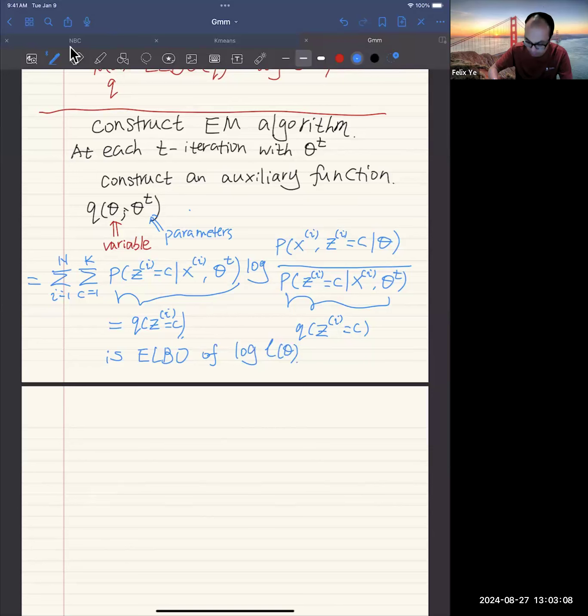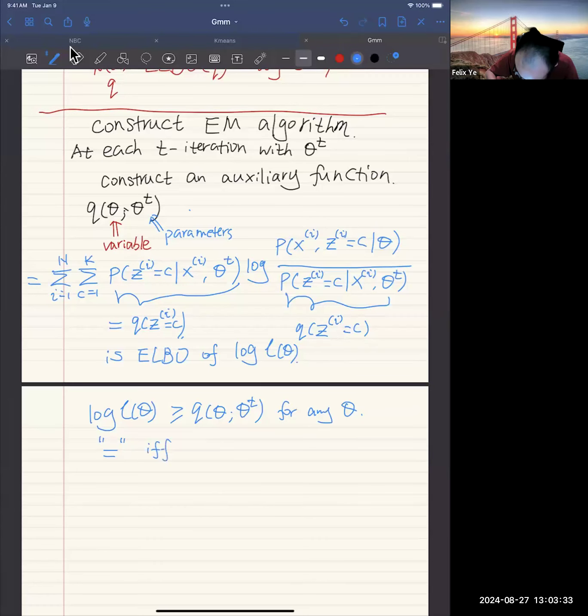So that means the log likelihood should be bigger or equal than Q of theta and theta t for any theta, right? So for any theta, this should be true. And the equality holds if and only if theta t is equal to theta.